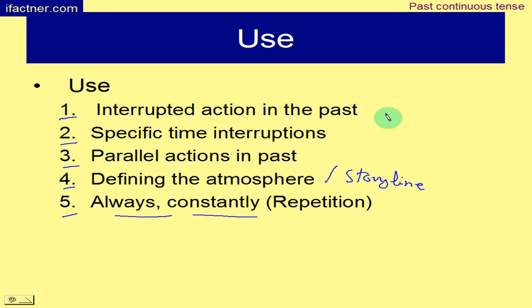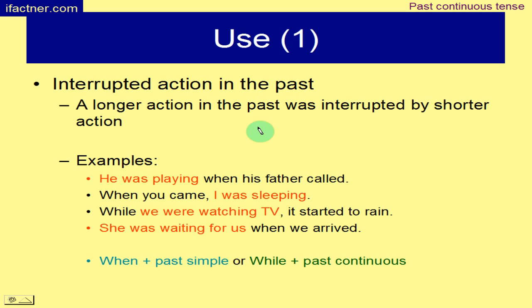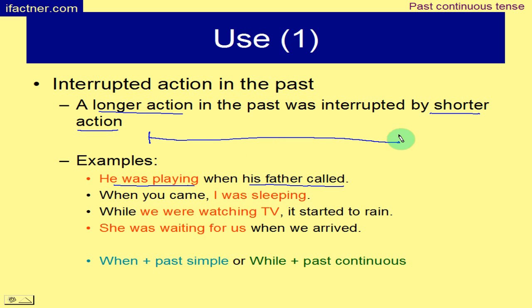Now let's see, when do we use past continuous tense as an interrupted action in the past? When a longer action in the past was interrupted by a shorter action. For example, he was playing when his father called. So we have got the timeline. This is past.